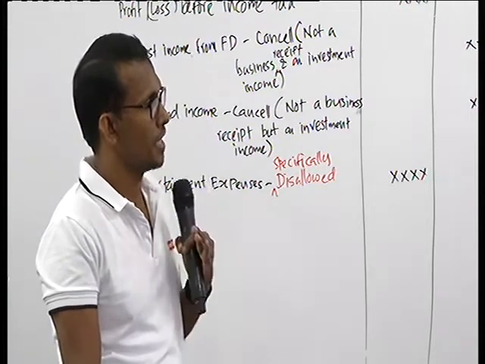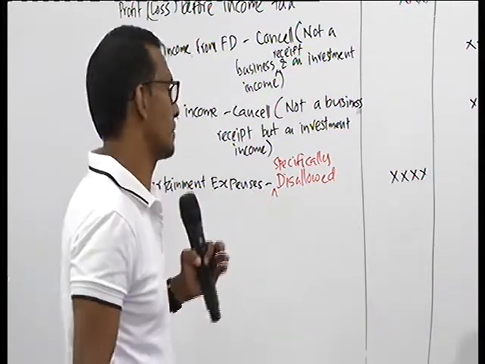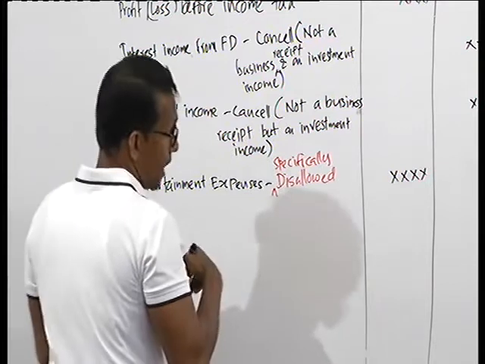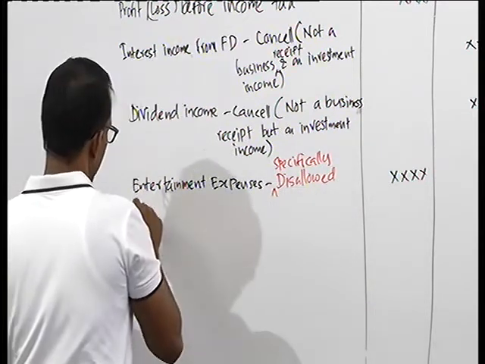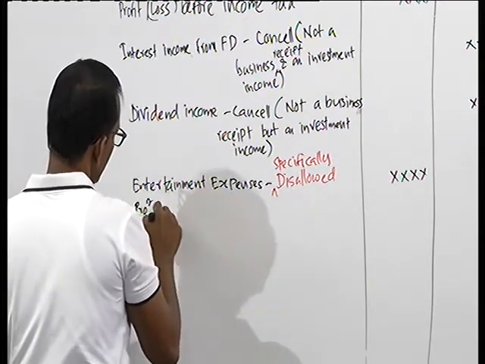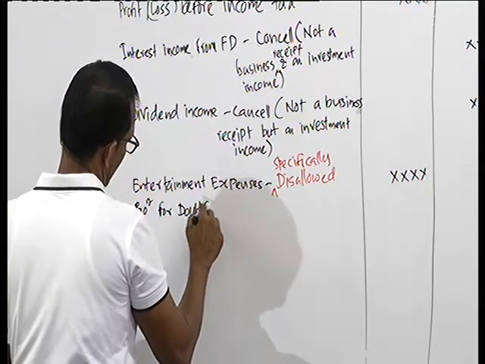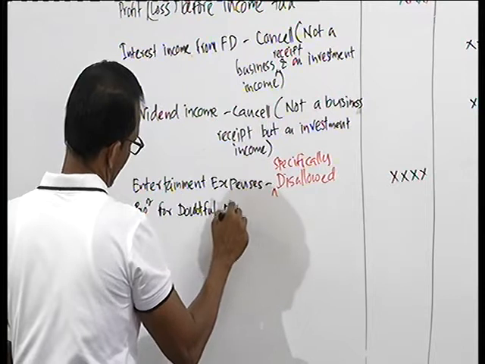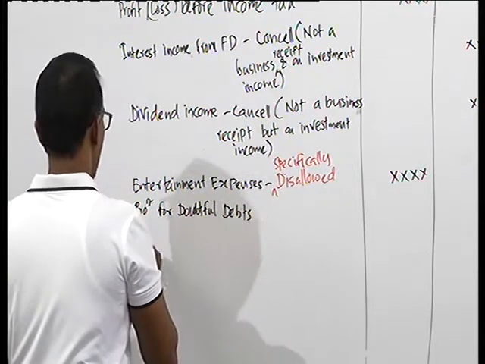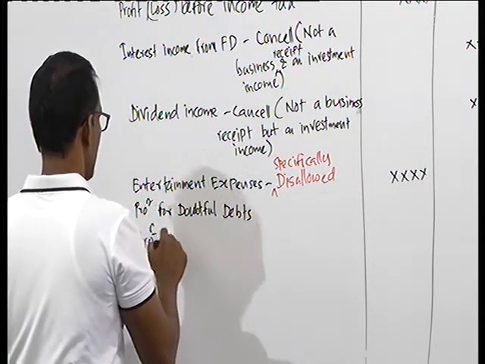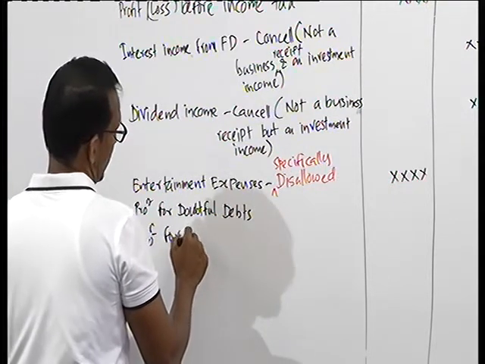Specifically, the law says no provisions are allowed. So you can say provisions for doubtful debts, provisions for gratuity.